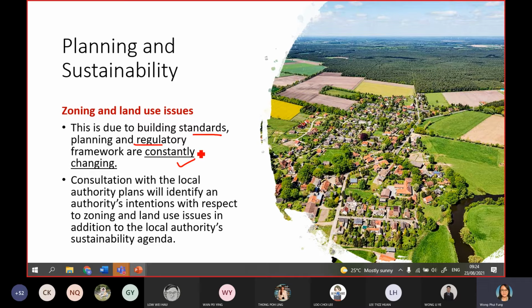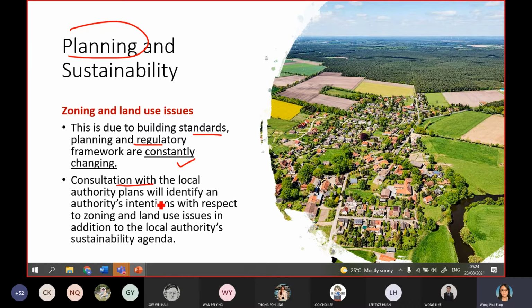So before the developer kickstarts a project, before they purchase the land during the planning stage, all these things they need to identify clearly. The developer has less control. They cannot control, they cannot have any decision making on this part.